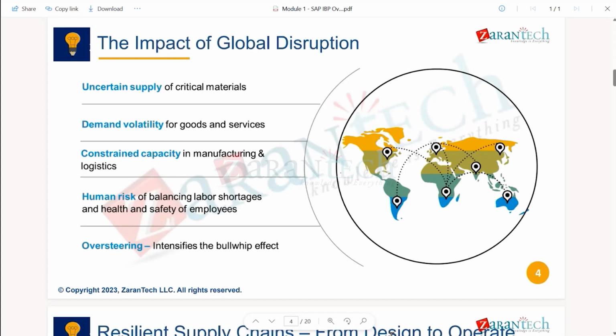Last but not the least, human risk of balancing the labor shortages and health and safety of the employee. To give you the best example of human shortages, during the COVID time, a lot of laborers and a lot of human resource team have migrated to their home countries or their hometown, which has resulted in acute shortage in many industries.